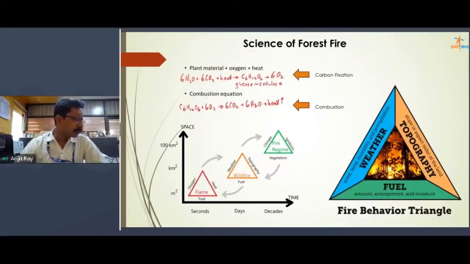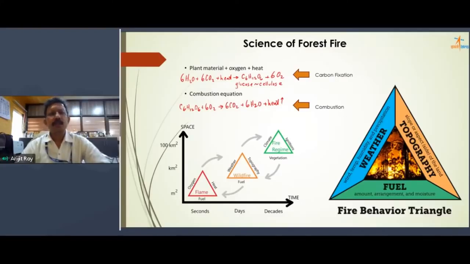When we talk about forest fire, for a fire to occur it needs three factors: proper weather conditions, topographic conditions, and availability of fuel. So what is the fuel in forest fires?